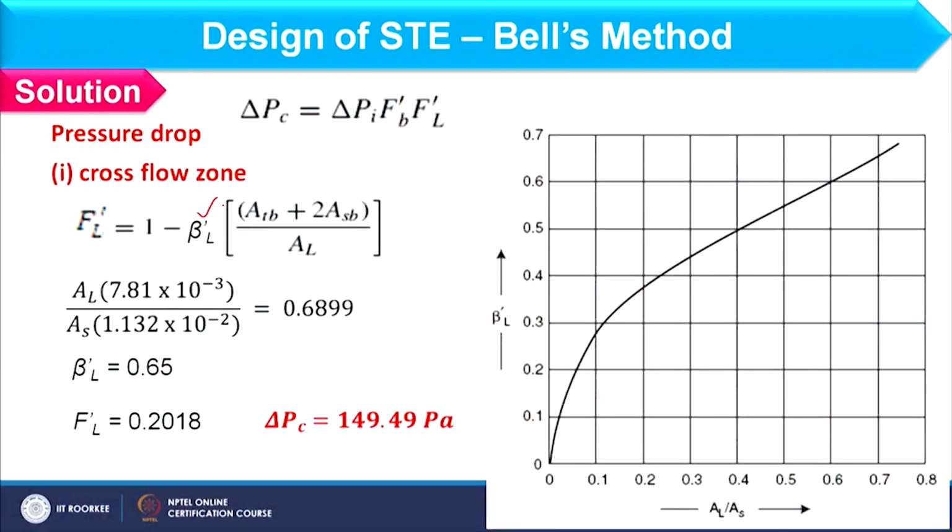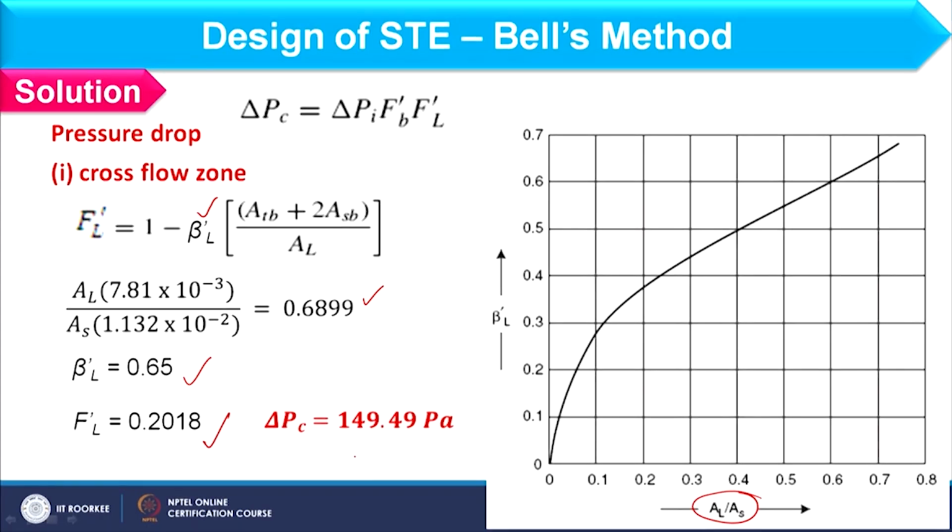The expression of the leakage correction factor is the same, only the beta L dash value will differ. You can find the beta L dash value from this graph depending upon AL by AS, and all these values you have already calculated. That comes out as 0.69, and based on that you can obtain beta L dash as 0.65, and so the FL value you can consider as 0.2018.